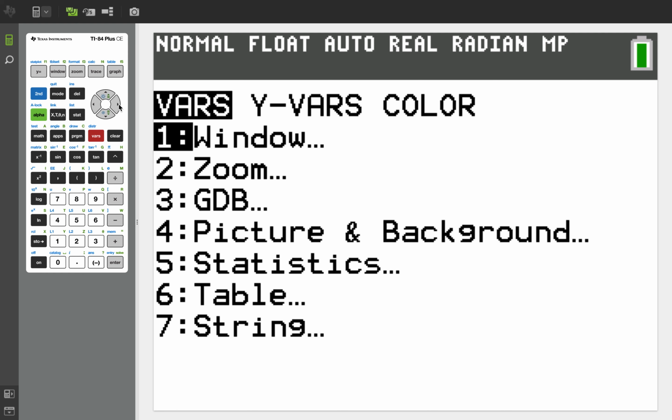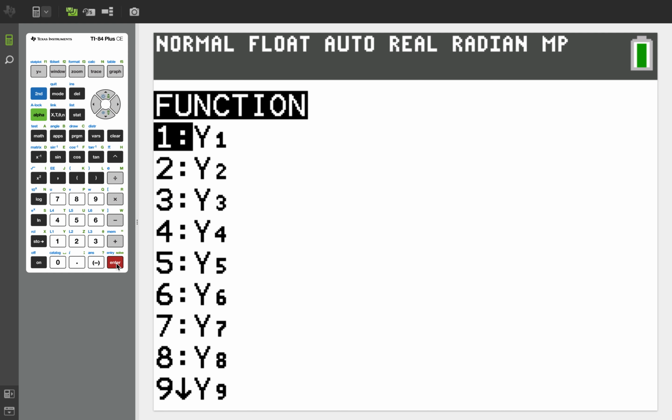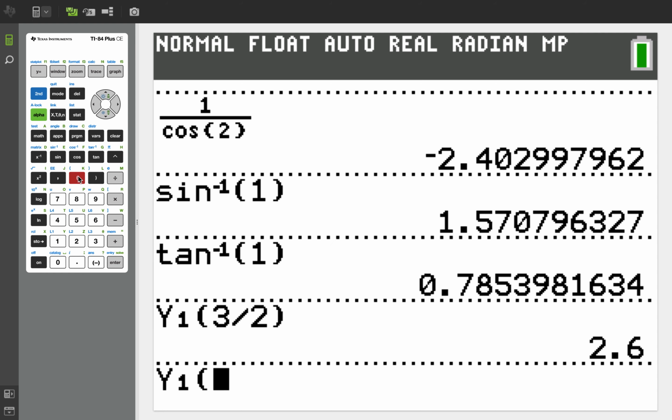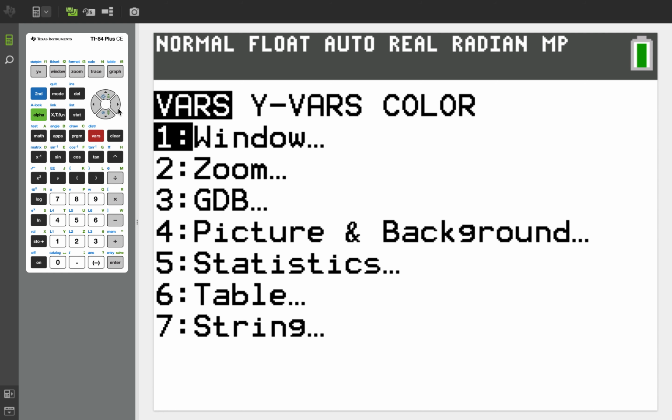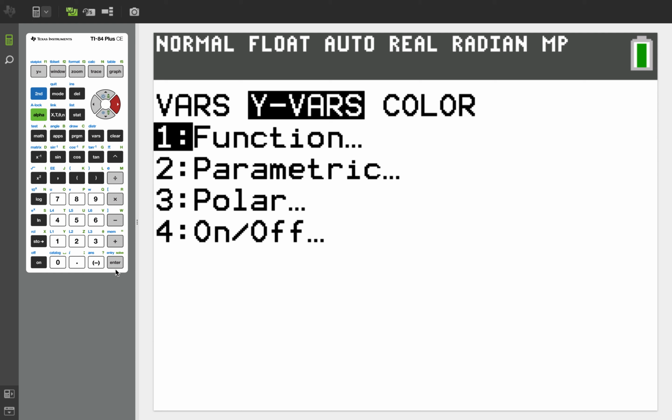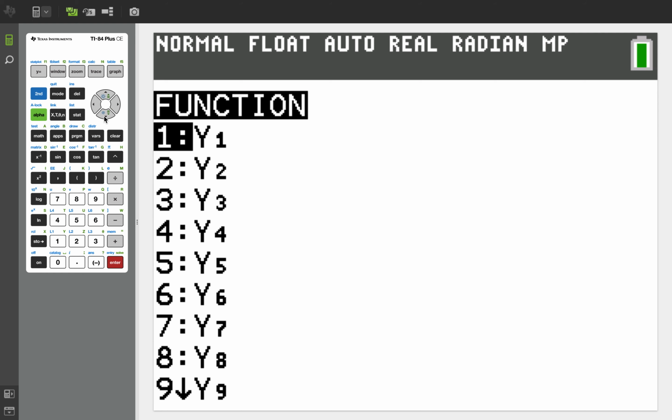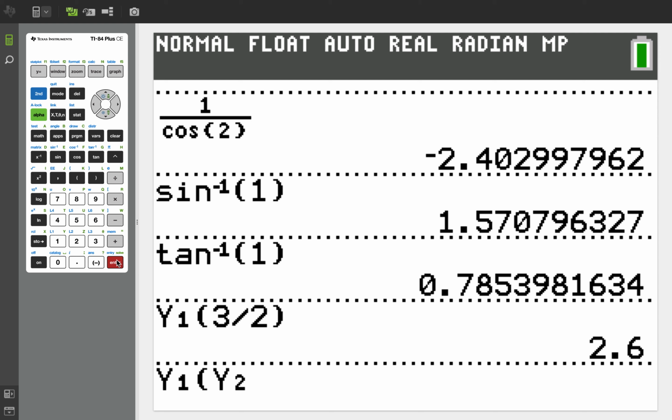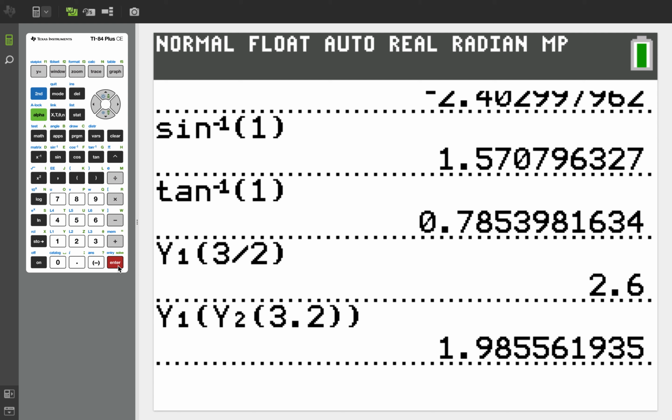You can go vars, yvars, function y1, and then inside of that function, vars, yvars, function y2. And I want to evaluate f of g of 3.2. And I'm going to finish out my parentheses here. And that's how you can evaluate a composite function.